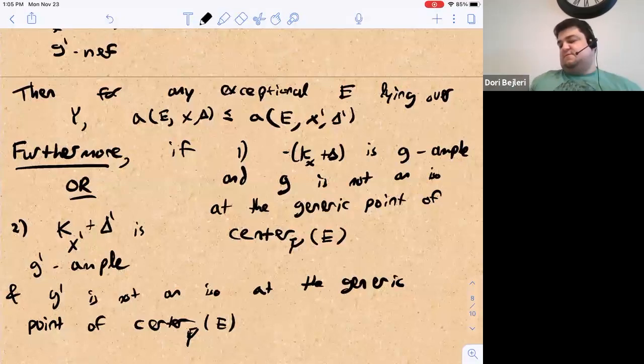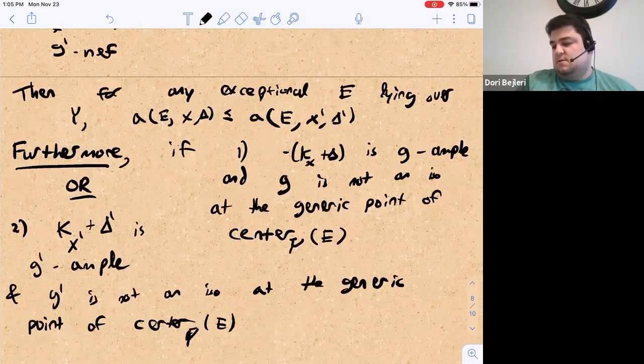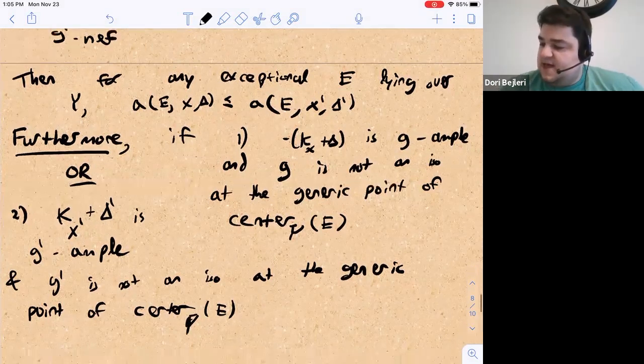So basically, if this E is really exceptional for these maps, then we have strict inequality.